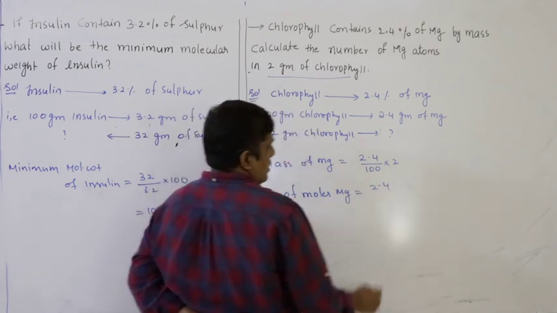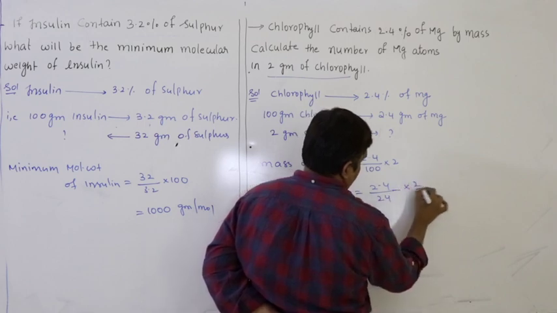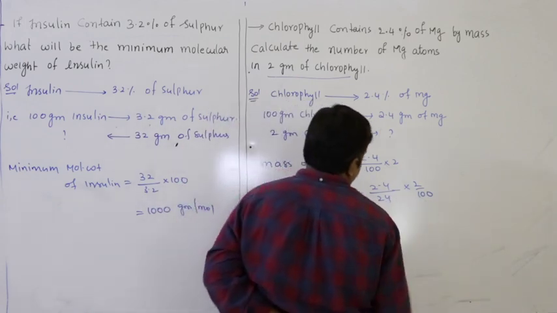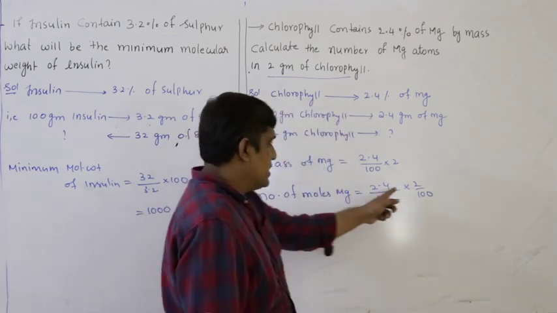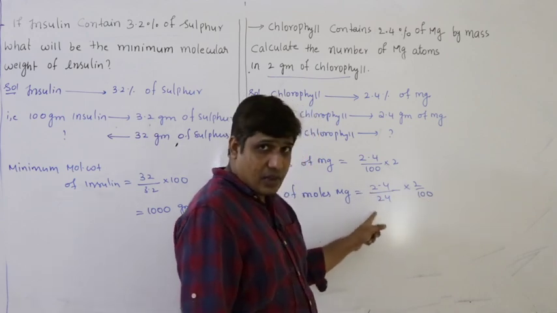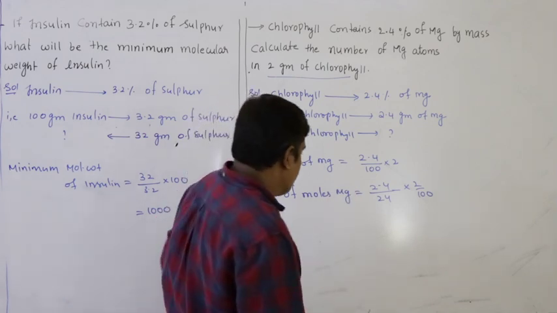So magnesium atomic weight is 24. So this is weight, 2.4 into 2 by 100 is weight. This is gram atomic weight of magnesium.